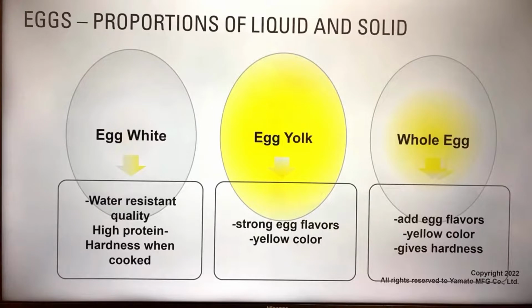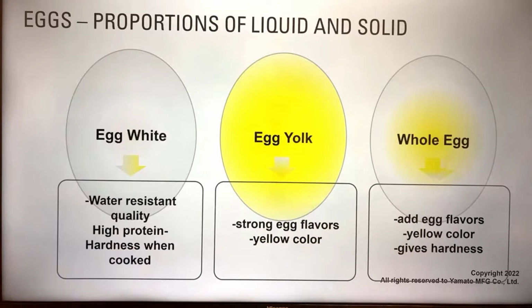When we use just egg white, powdered egg white, if you add it to your noodles, it has a kind of water resistance quality. So if you're making thin noodles and add a little egg white, you can keep the noodle texture longer in hot soup, because it helps prevent the hot water from getting into the noodles. And because it's high in protein, it hardens the noodle texture when cooked.